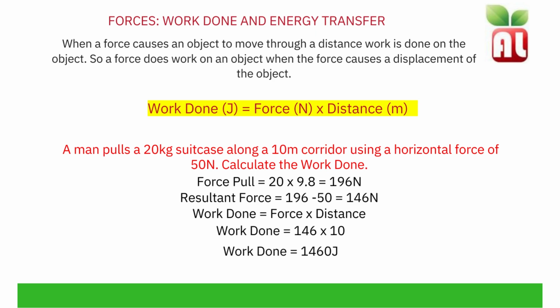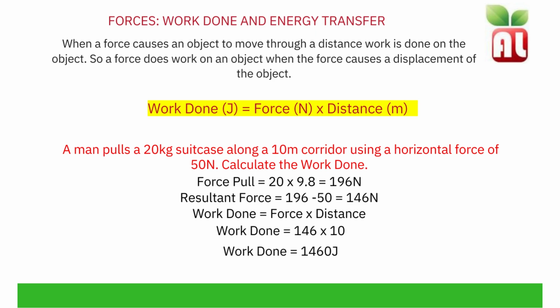20 times 9.8 gives 196 newtons, which is the downwards weight of the suitcase. So we have a force of 196 newtons acting downwards. There is a horizontal force of 50 newtons.